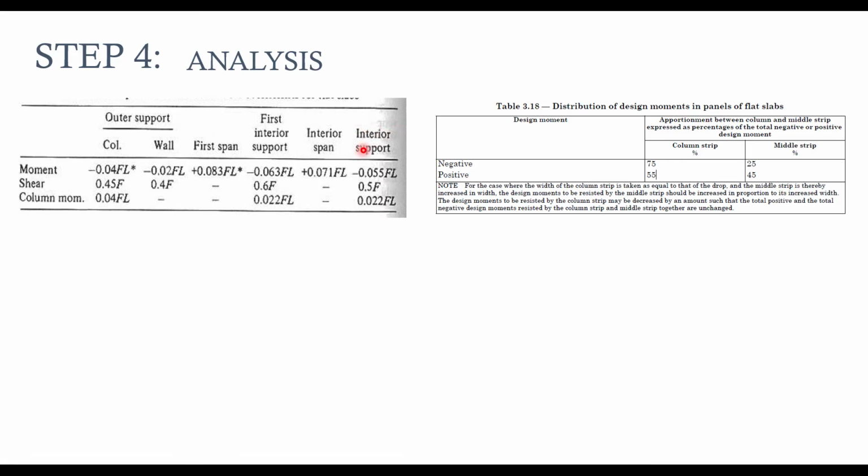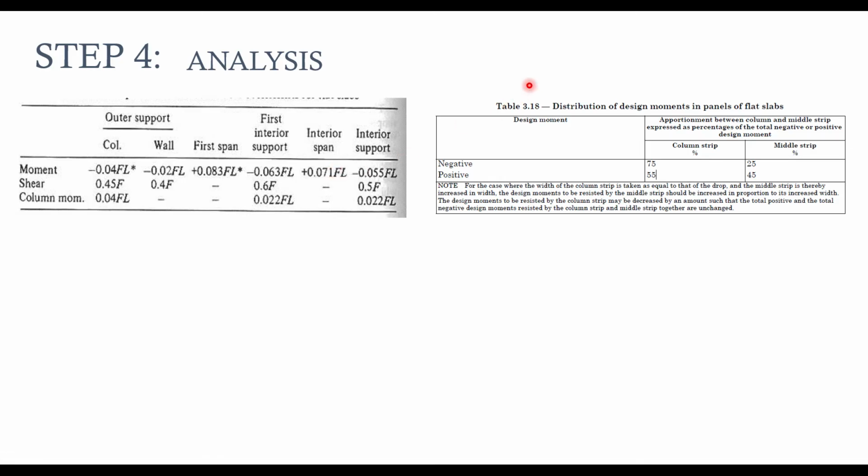And for the interior support, that is the support of the slab where we have the column strip, we are going to use minus 0.055 FL to compute the moment. This might be a little confusing, but whatever moment you get from here is the total moment that you are supposed to distribute between the column strip and the middle strip.